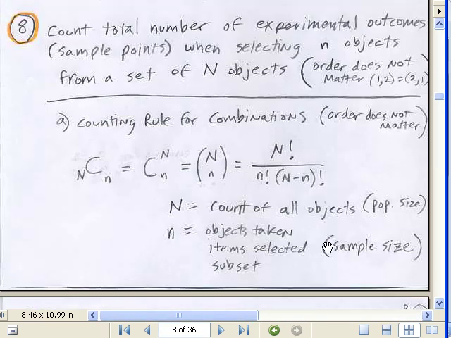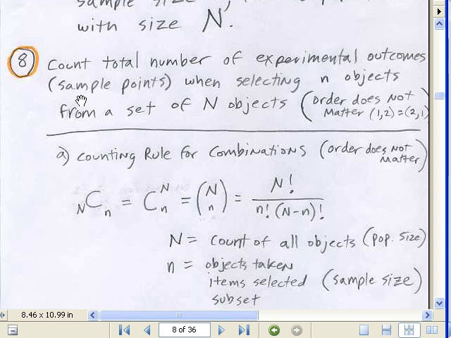All right? So here's our definition of combination. Count the total number of experimental outcomes, sample points, when selecting n objects from a set of N objects. Right? So here's our formula: big N factorial divided by little n factorial, and then in parentheses, because we've got to do that minus first, big N minus little n, and then a factorial.